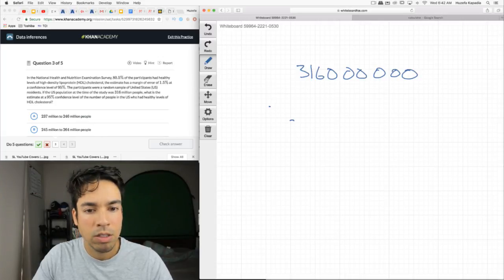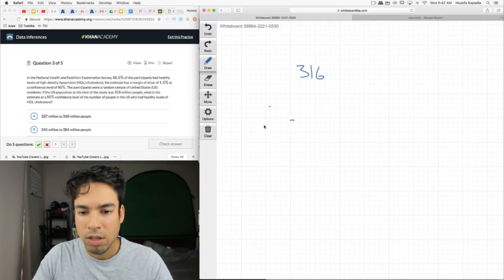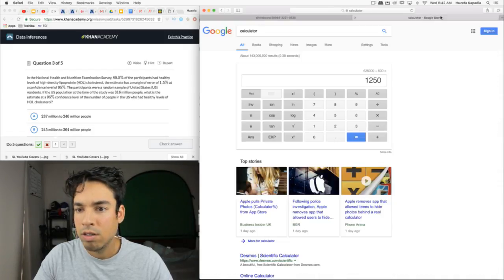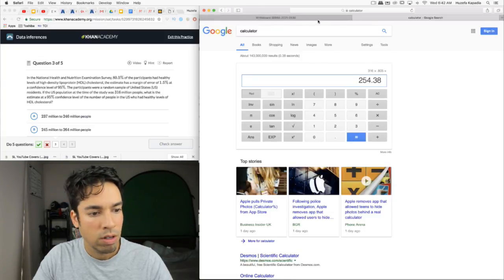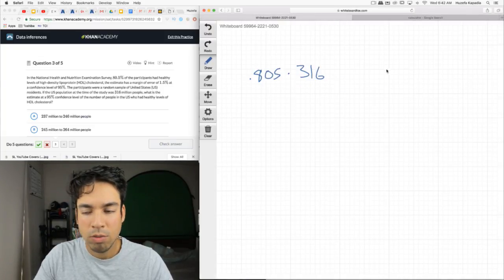But it's in millions, so we can just say 316. And we need to take 80.5%, which is 0.805 times this. So 316 times 0.805 equals 254. All right. So we'll just approximate 254 million.